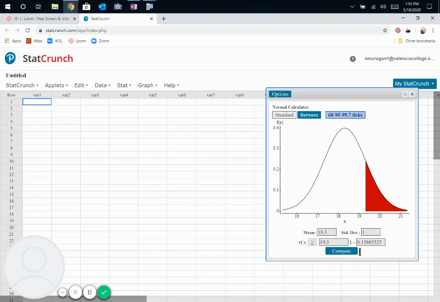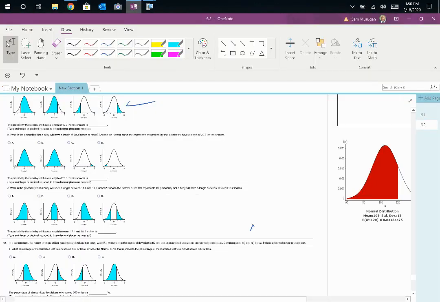To 3 decimal places, 0.159. I'm going to paste that on the side for you in a second.